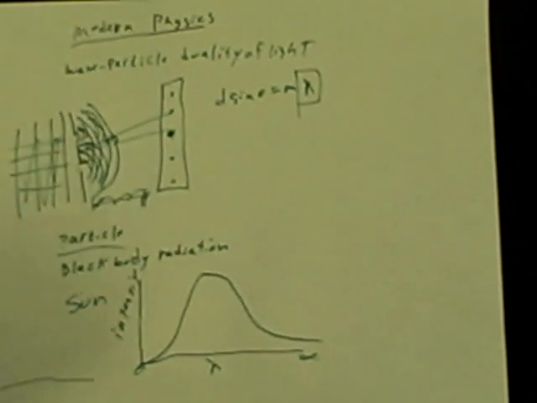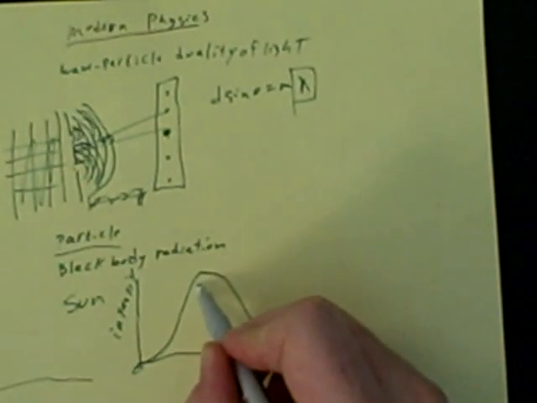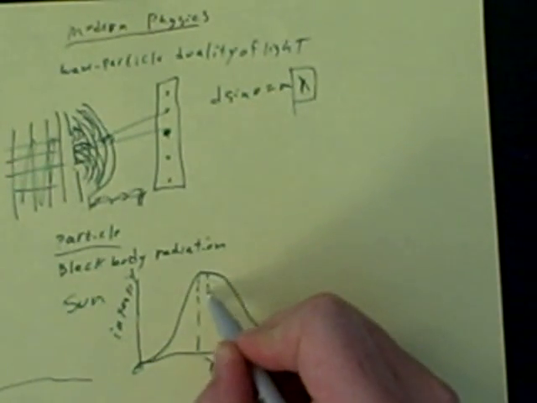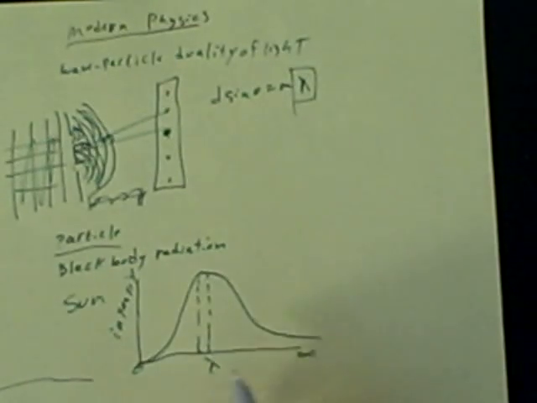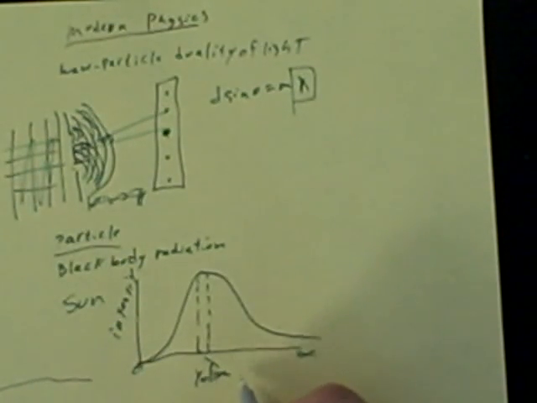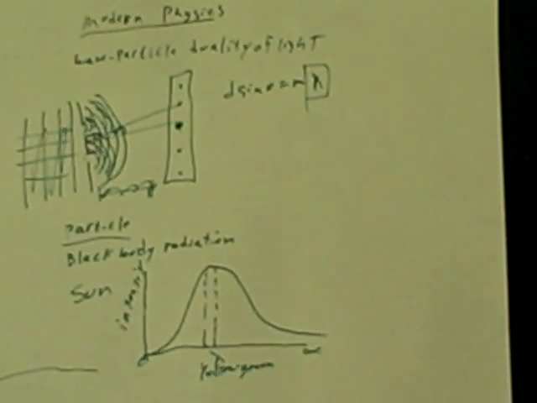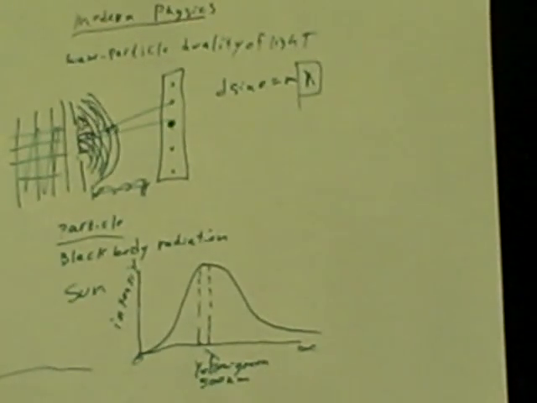It might not go up as high if it's not a very intense black body radiator. But every black body radiator will give you a shape something like this. Our sun has a peak in this general region that is between yellow and green light. So that's somewhere on the order of 500 nanometers, give or take 100.